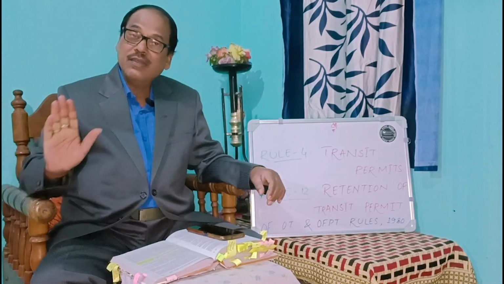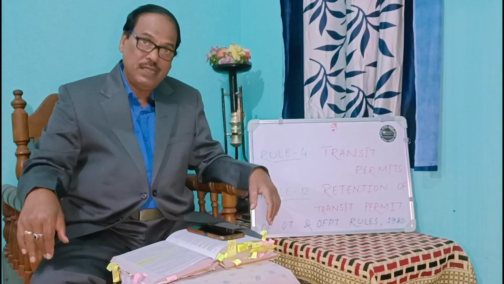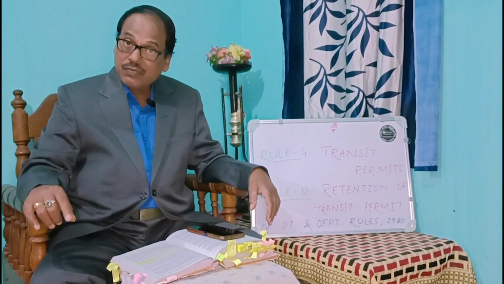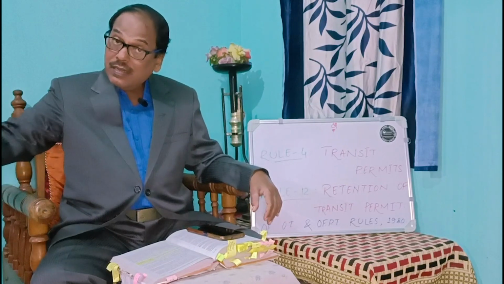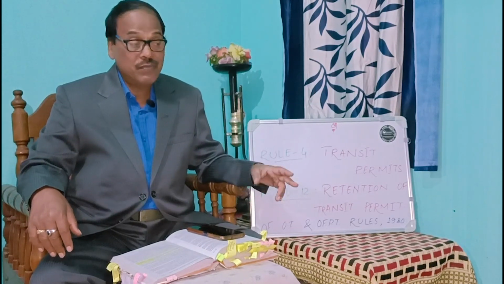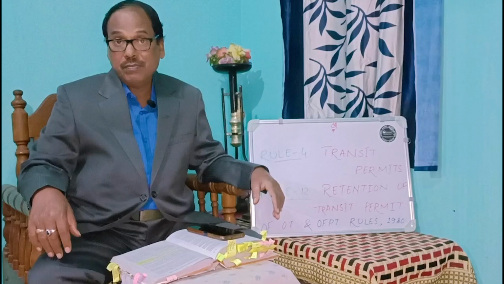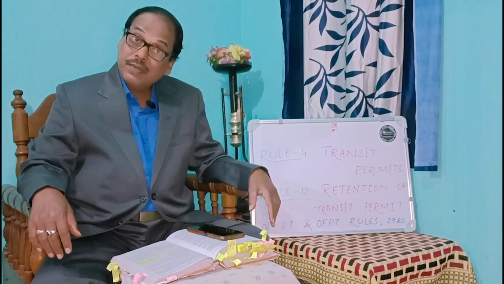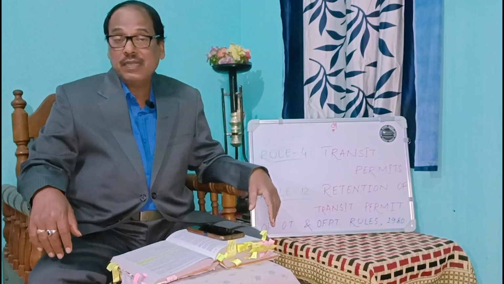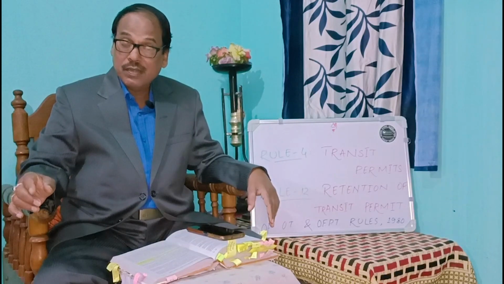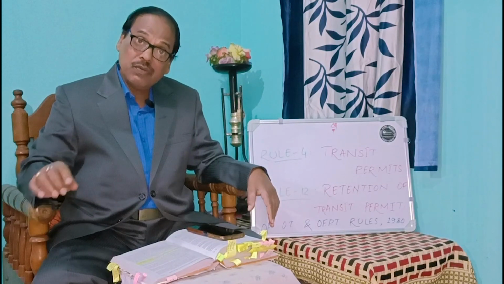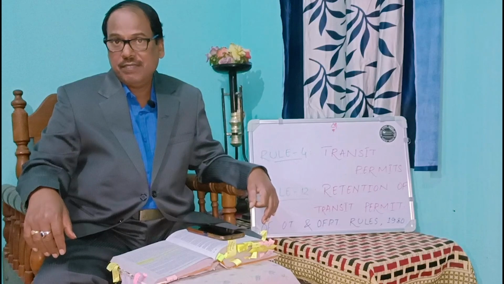He will give a receipt. If that forest produce is sold to any person outside that particular jurisdiction, as per instruction of the DFO, it will require a TT permit. That means that forest produce will be transferred as per instruction of the DFO by a TT permit.